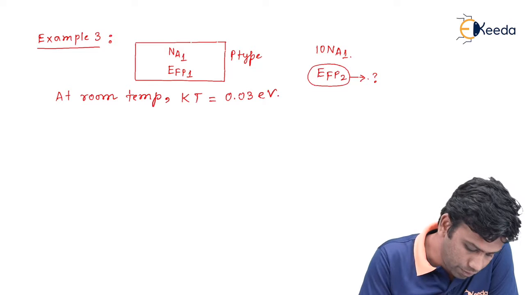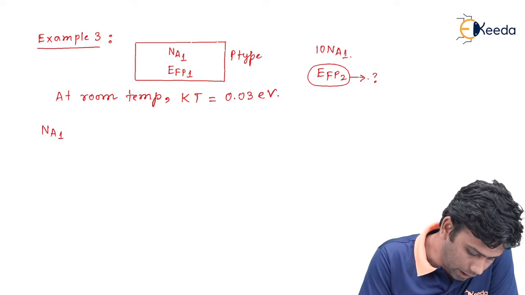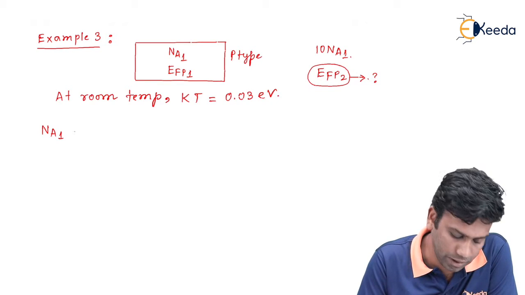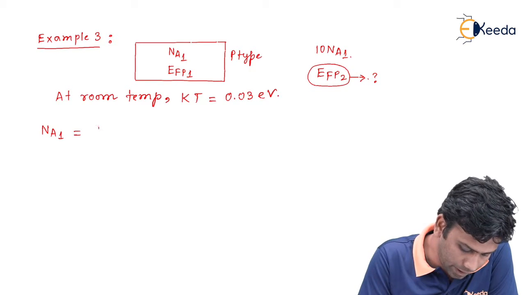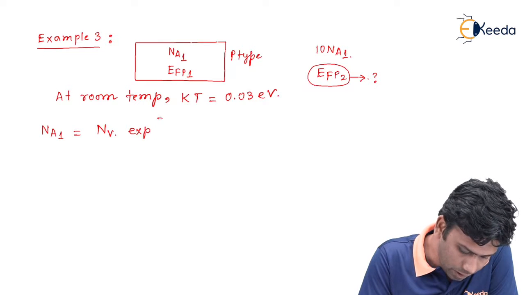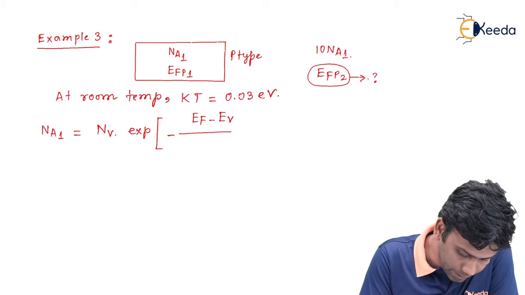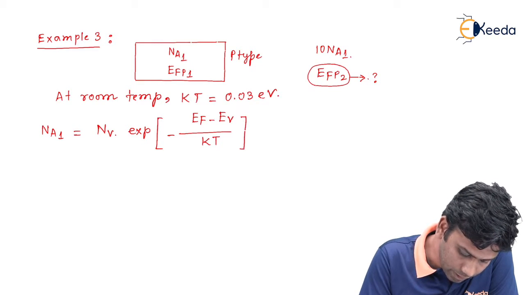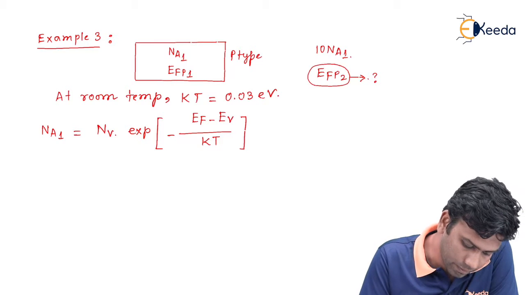So as we know that in a p-type semiconductor, Na1, that is the acceptor concentration, can be written as Nv exponential minus (Ef minus Ev) divided by kT.